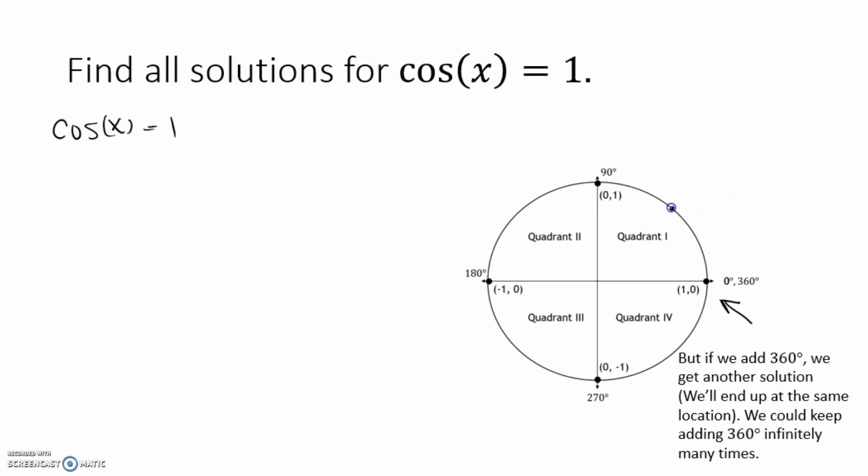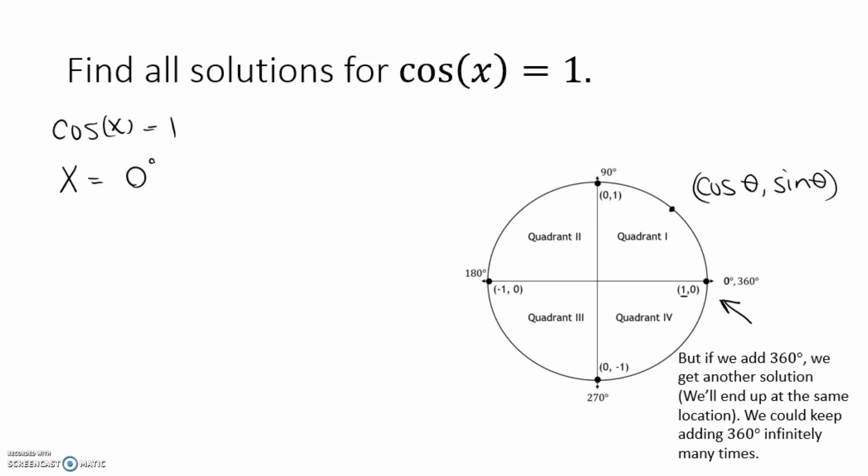And remember, any point on the circle, it's always cosine theta first, and then sine of theta. So this one right here is really saying cosine of 0 is equal to 1. Okay, so x is equal to 0.